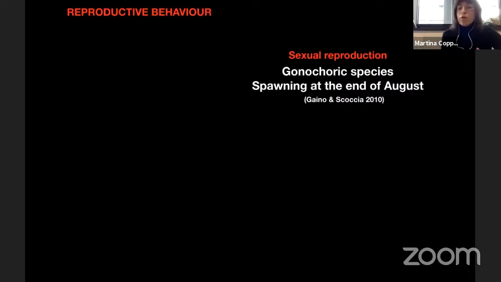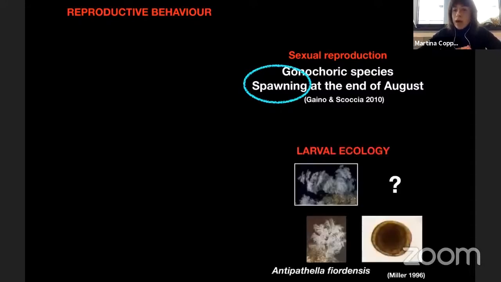For instance, we know that this species reproduces sexually in summer, with the spawning event occurring at the end of August. We know that this species is gonochoric, but the spawning event has never been observed either in the laboratory or in the field, and no information is available about the larvae of Antipatella subpinnata.